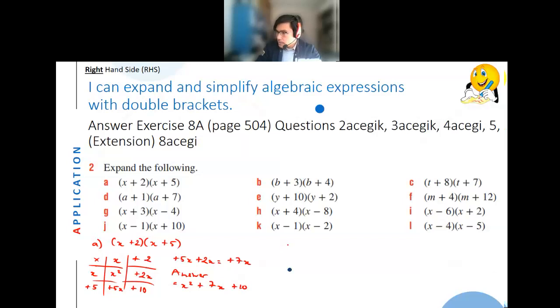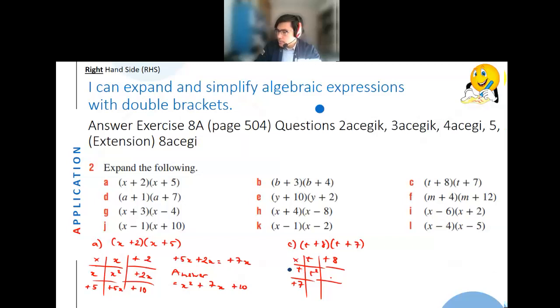All right, next we have C. So for C, we've got t plus 8 times t plus 7. We're just going to set up everything again: t plus 8 up here, then t plus 7 down here. T times t is t squared.